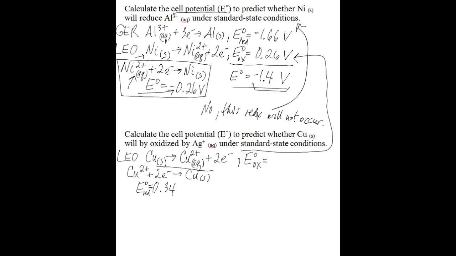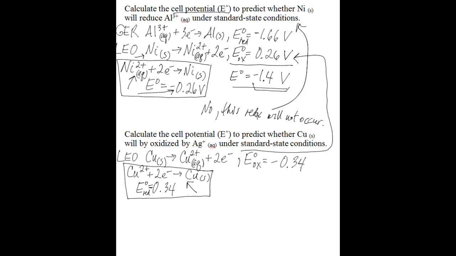And in order to get the value for the oxidation of copper solid, or the opposite of this one, you take the negative of 0.34, which is negative 0.34. So there's the value for your oxidation.